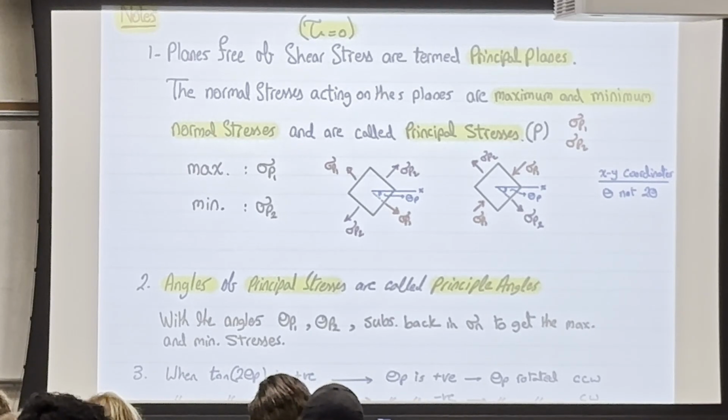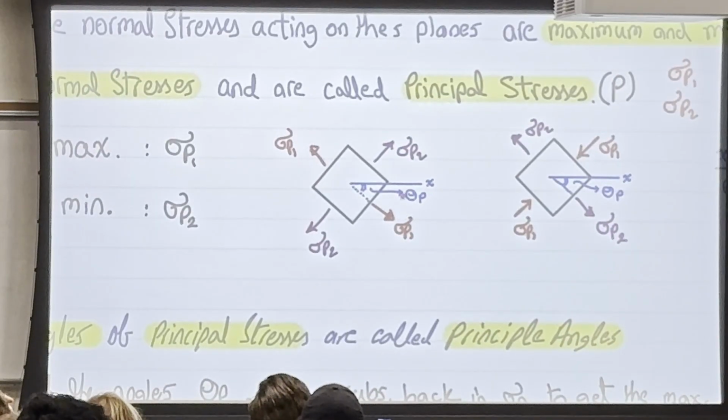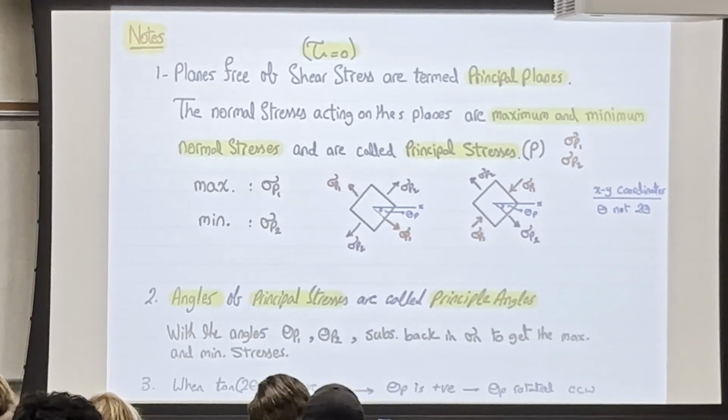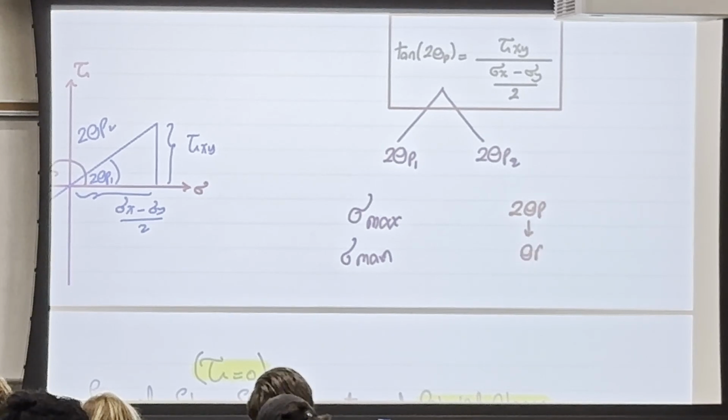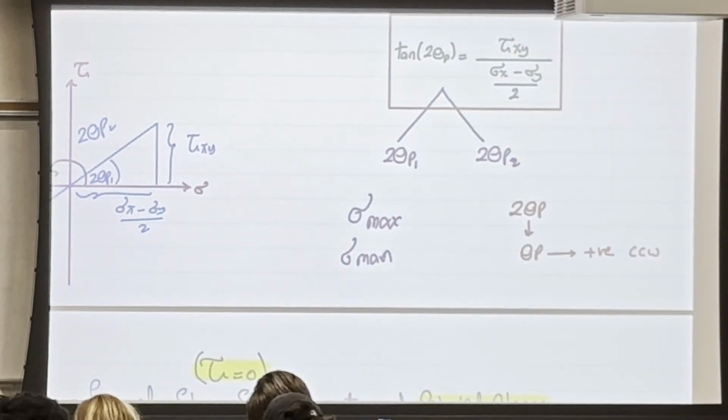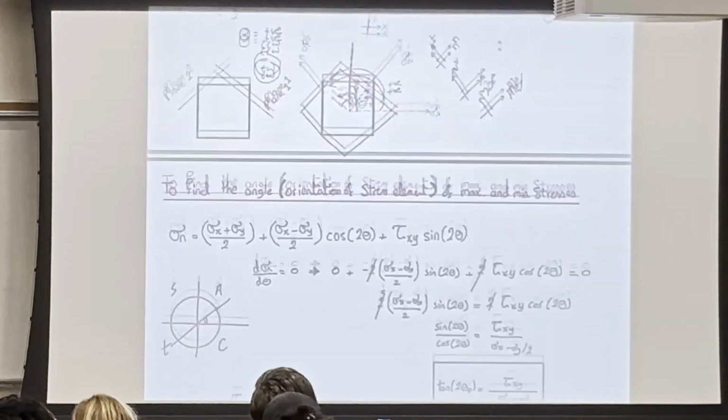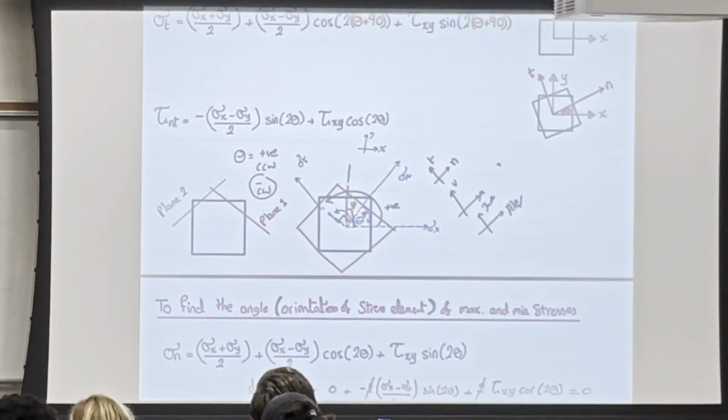Okay. Now we found the theta P. And this is not new. Once I got 2 theta P, I'm gonna divide it by 2 to get the theta P. If theta P is positive, that means it is counterclockwise from x. If theta P is negative, that is clockwise. This is what we did before when we spoke about the theta in general.